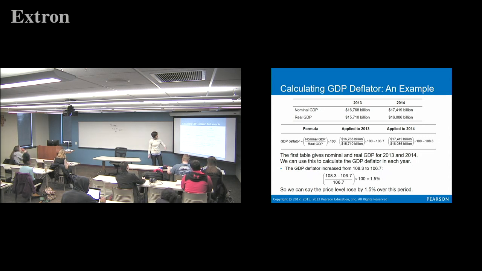So we're going to take year 2, or the GDP deflator of 108.3, minus year 1, which is the GDP deflator for 2013, and divide by 2013's GDP deflator. Times 100, and we get 1.5. So it just says price levels rose. And we said the definition of inflation is increasing prices. So that's basically what that is. That's an inflation rate of 1.5%.